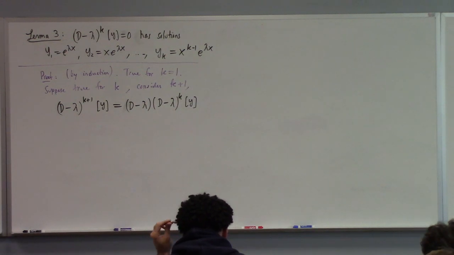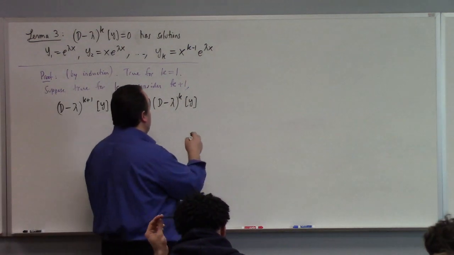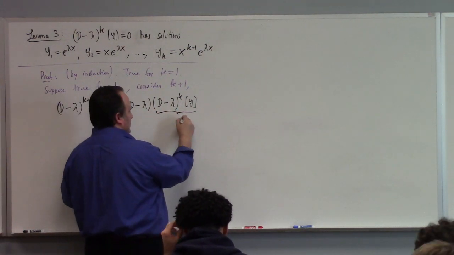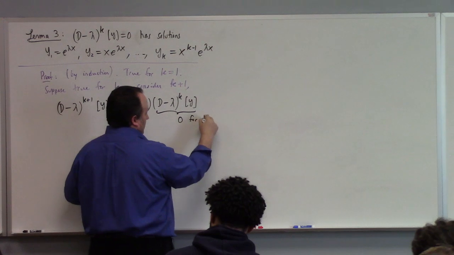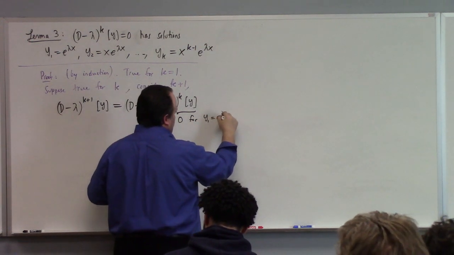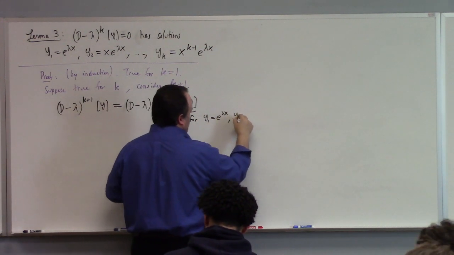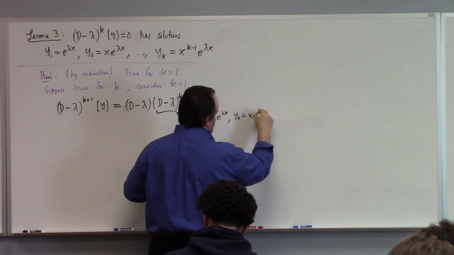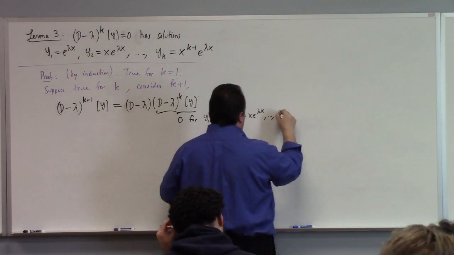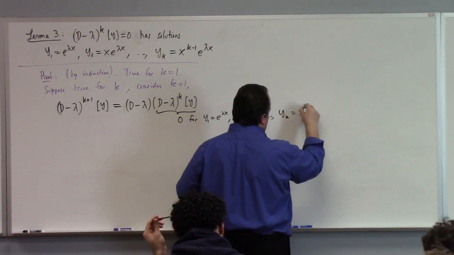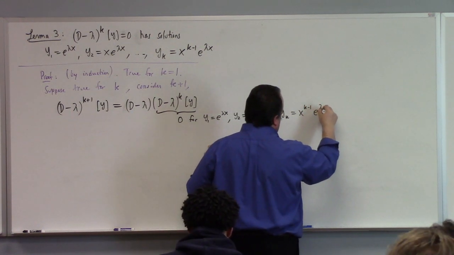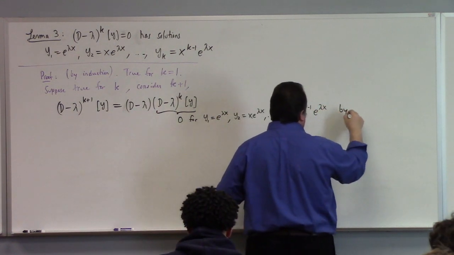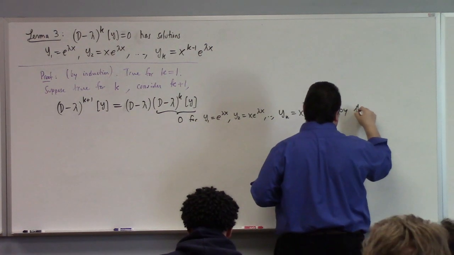What do we have by the induction hypothesis here? So this is 0 for y1 equals e to the lambda x, y2 equals x e to the lambda x, all the way on out to yk equals x to the k minus 1 e to the lambda x by the induction hypothesis.